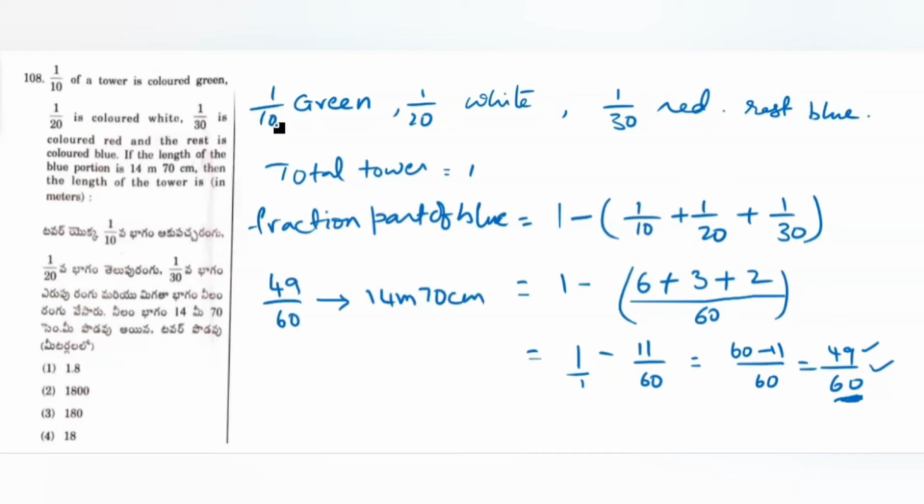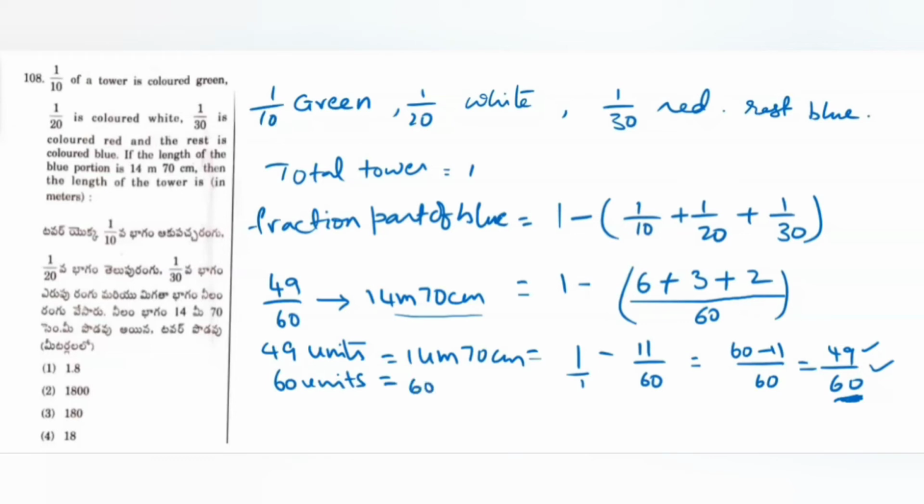So 49 units is the same as 14 meters 70 centimeters, and we want to find 60 units. 60 units means the total length of the tower.